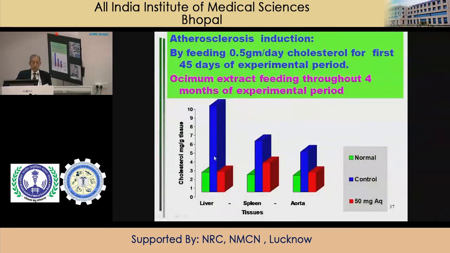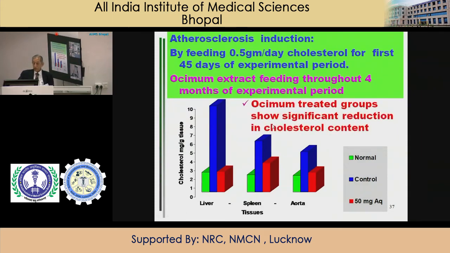Control means that you are feeding large quantities of cholesterol. And then red is that you are giving the Ocimum aqueous extract. You can see that there is a drastic reduction in the cholesterol content in all these areas after the aqueous extract. The treated groups show significant reduction in cholesterol content.